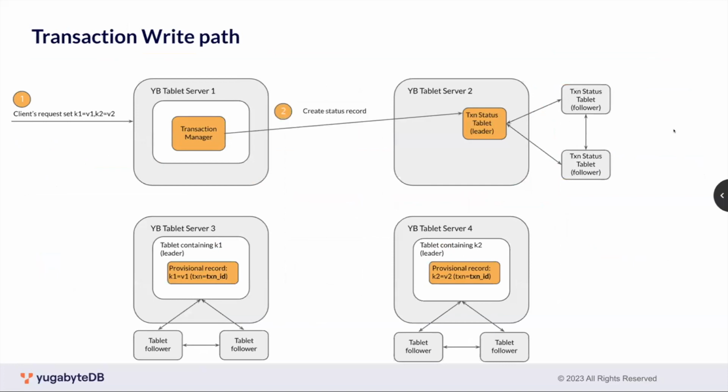The first thing it's going to do is create the status of the record, whether it's committed, pending, aborted, whatever. Then the transaction manager will write provisional records, which are not committed yet. We will write that in the tablet leaders which contain key 2 and key 1.